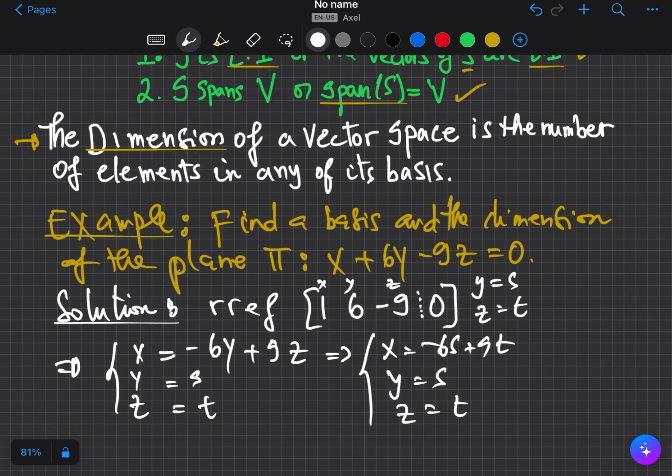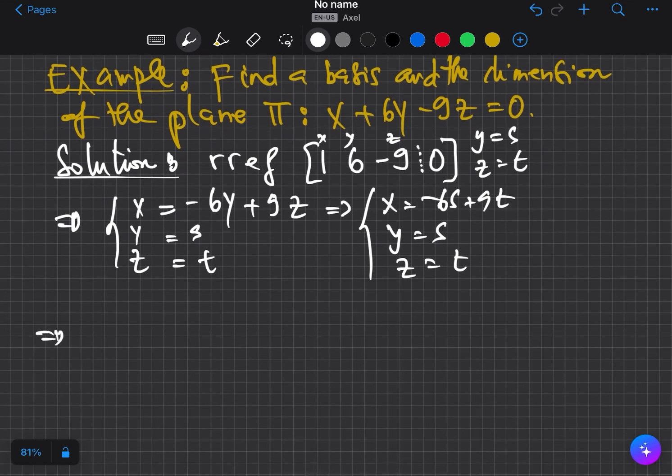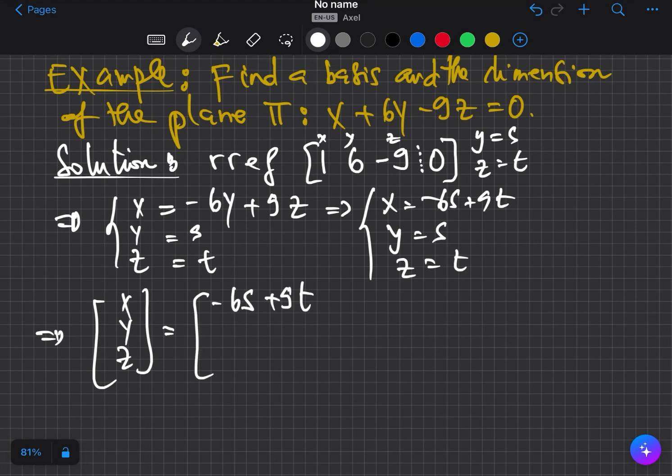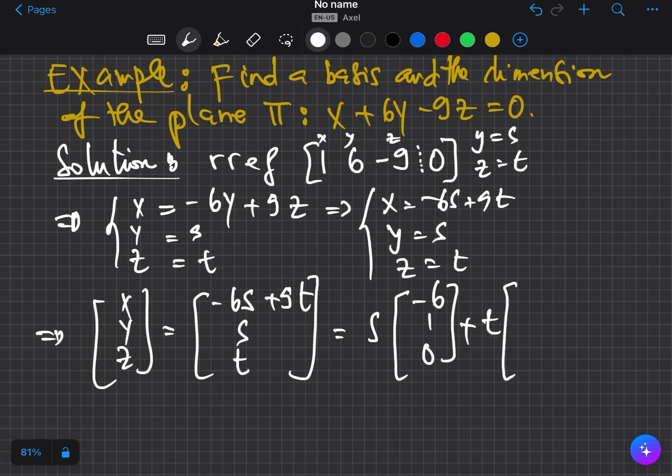So this will lead to x, y, z equals minus 6s plus 9t, s, t. So this will give me s times minus 6, 1, 0, plus t times 9, 0, 1.